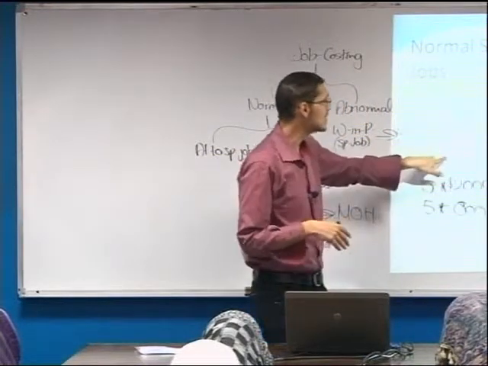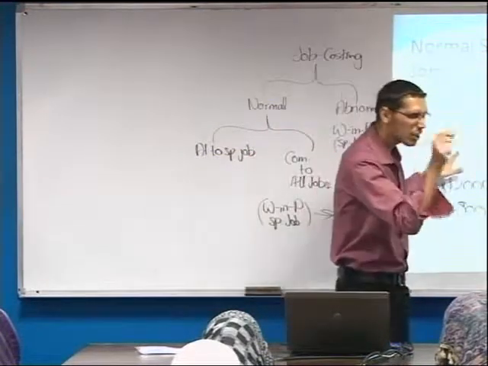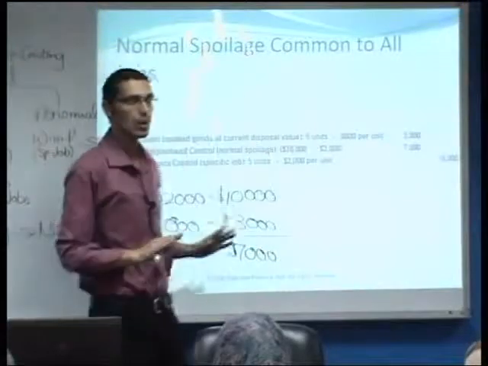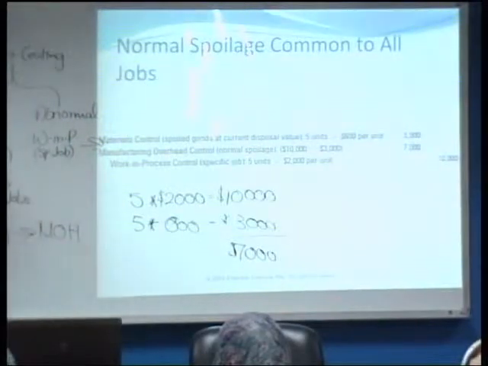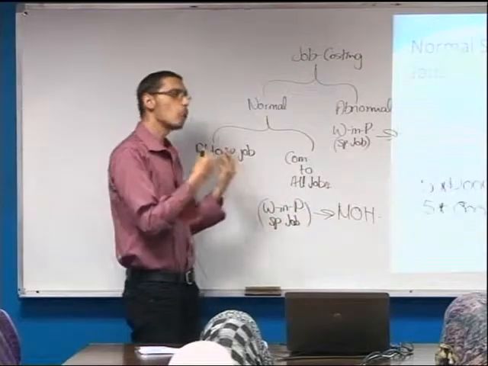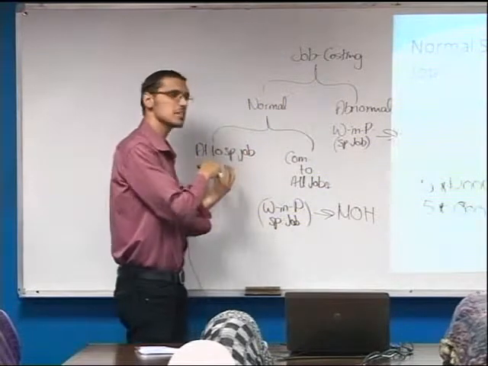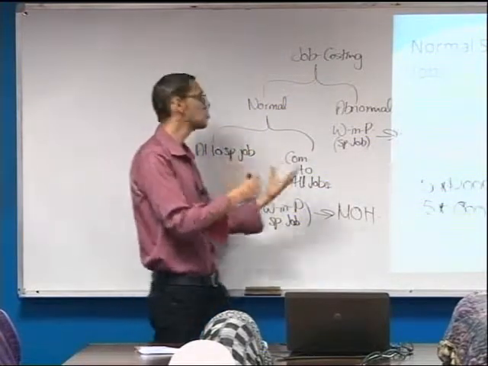And of course, as we can see here, the work in process specific to that job has decreased by the amount of 10,000. Why? Because we are saying that these spoiled units, which were deemed as normal, are not specific to this job, but are common to all jobs.